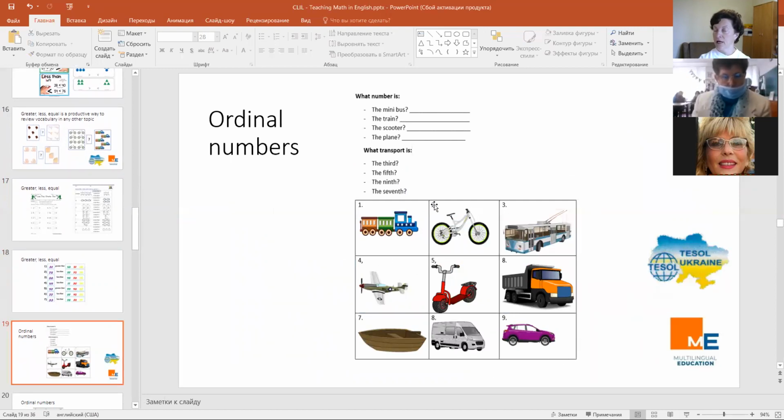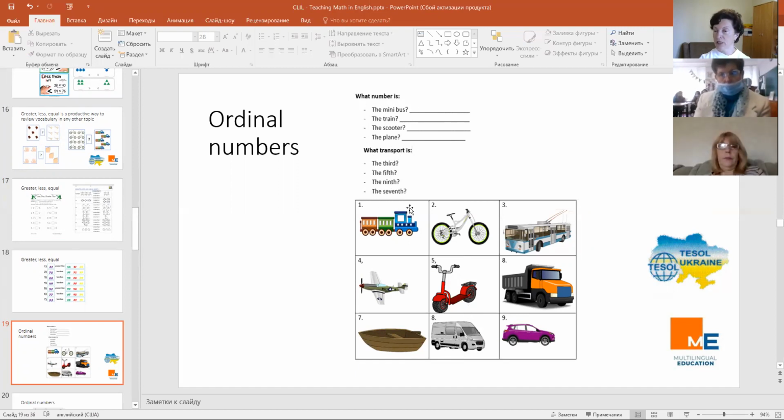So what number is the minibus? The minibus is number 8. Yeah? And then they practice the 8s. And also worksheets like what transport is the 3rd, the 5th, the 9th, the 11th, and so forth.